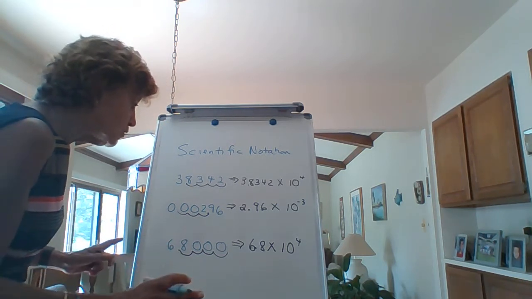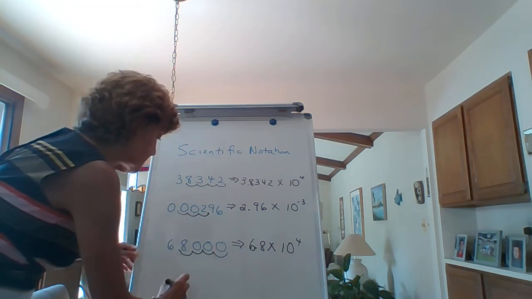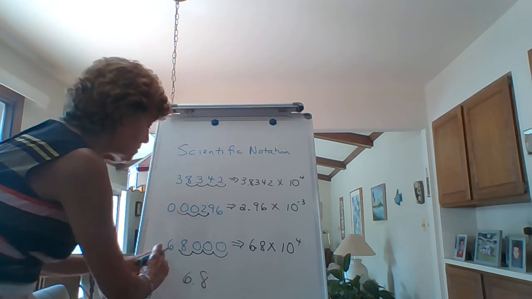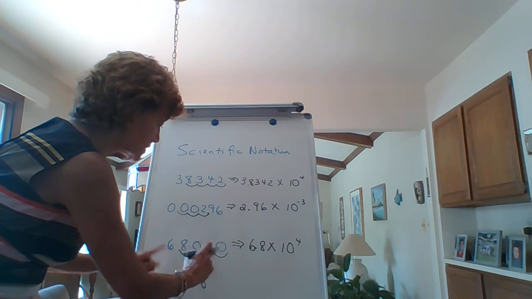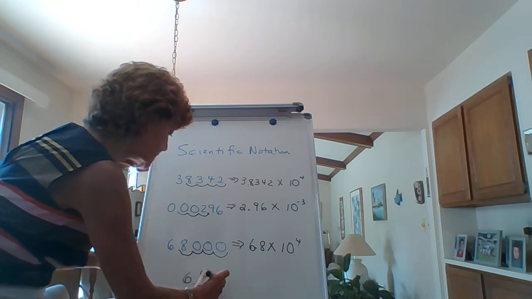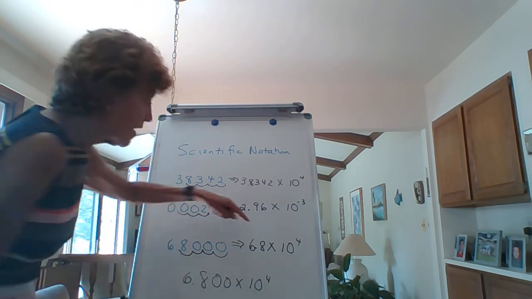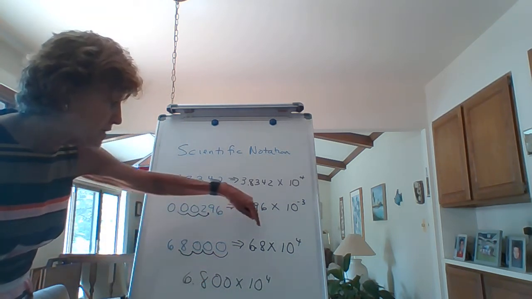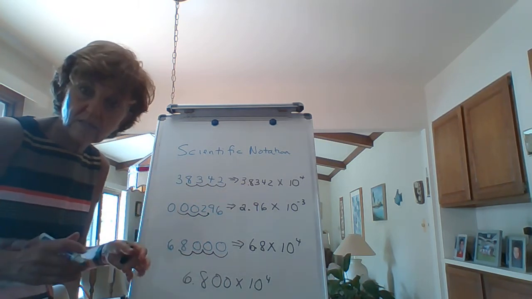So what you do is you move the decimal place and switch it over to scientific notation. But 4 sig figs means that these two zeros are going to have to become significant now. So it becomes 6.800 times 10 to the 4th. This number is exactly the same as this number, but this has 2 sig figs and this has 4 sig figs. Do you guys see the difference here?